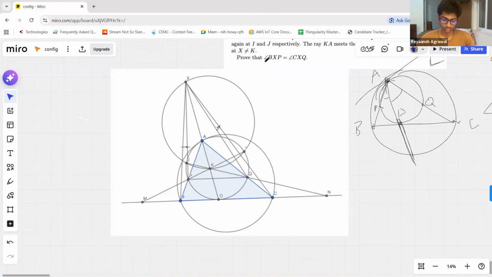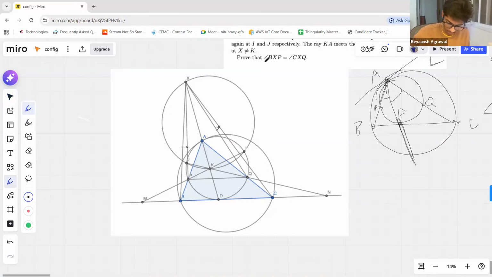Can you prove it? Maybe it would be better if you unmute because the class would be a little more interactive. Yes, that works.